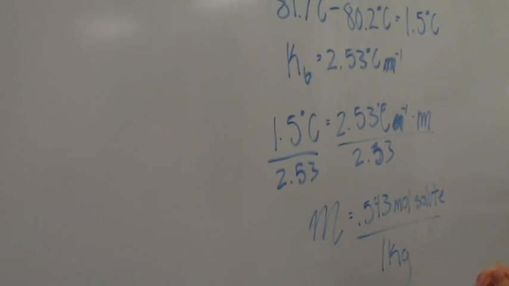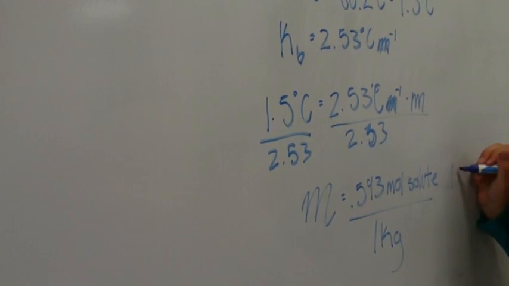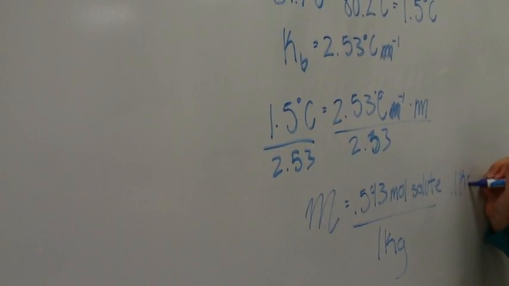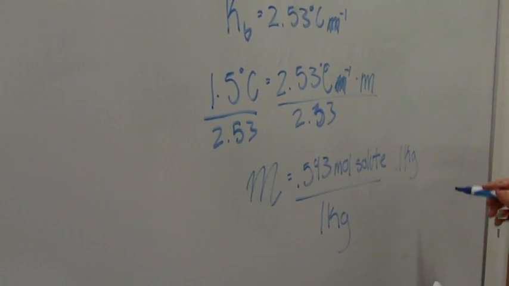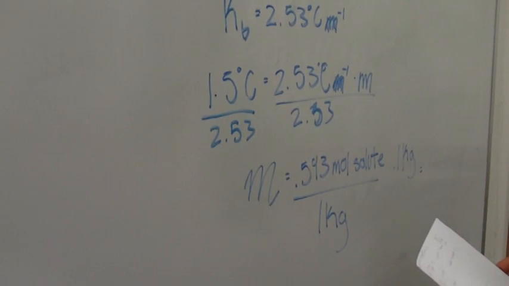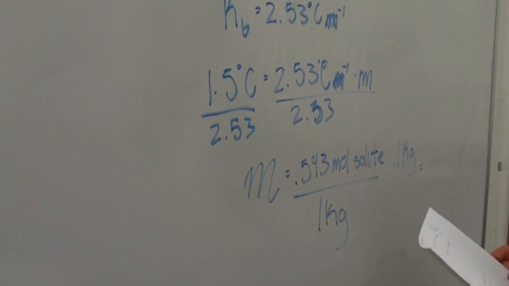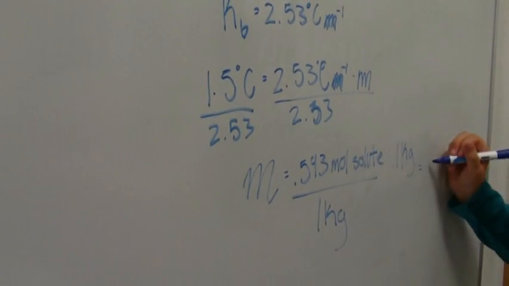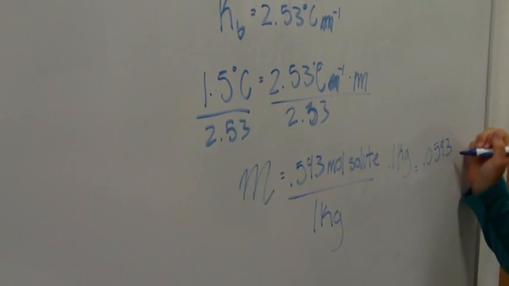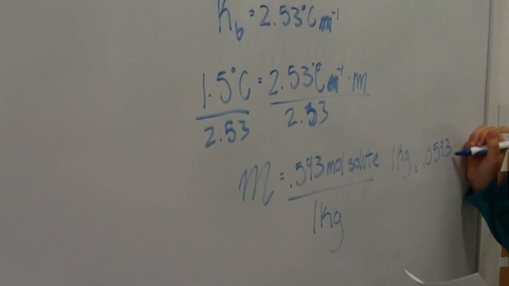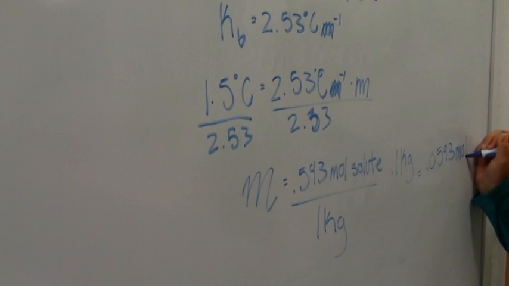In the problem, they tell us that we're actually working with 0.1 kilograms benzene. So just doing the math there again, we get 0.0593 moles of the unknown.